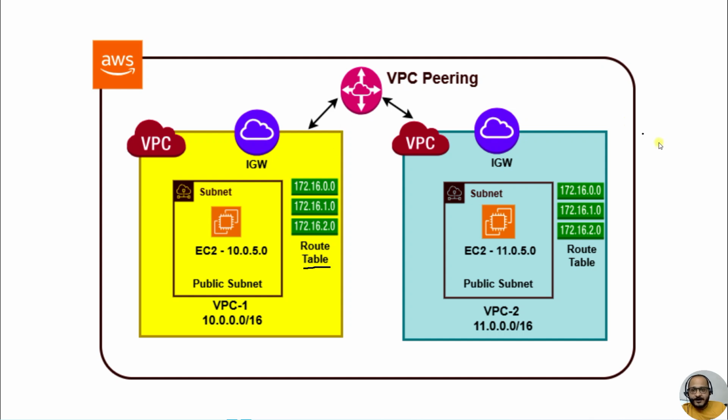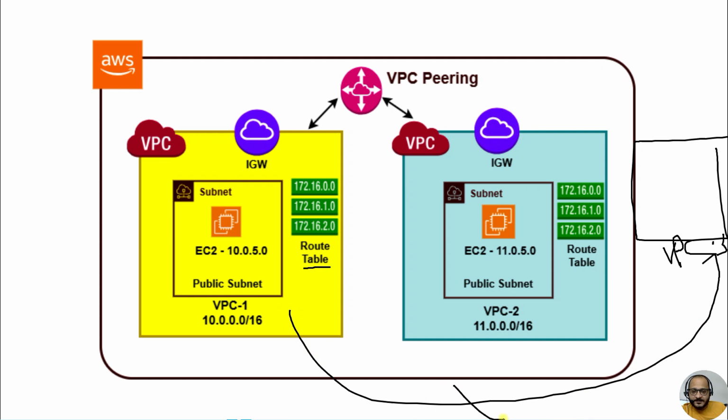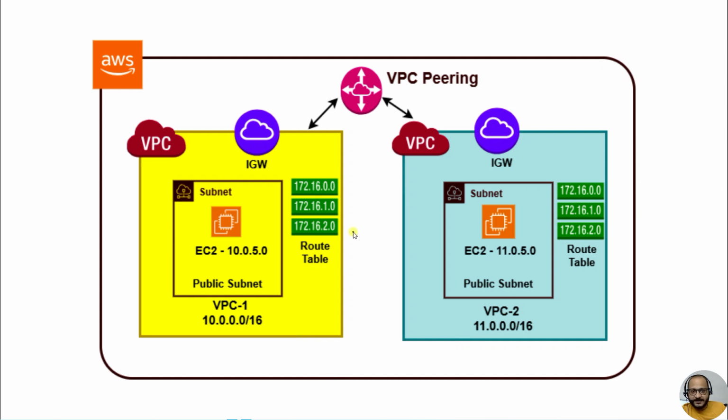But suppose we have another VPC here, VPC3. In that case VPC1 cannot communicate with VPC3 because there is no transitive peering connection. So again we have to create a peering connection between VPC1 and VPC3, and from the other VPC also we have to create a connection.